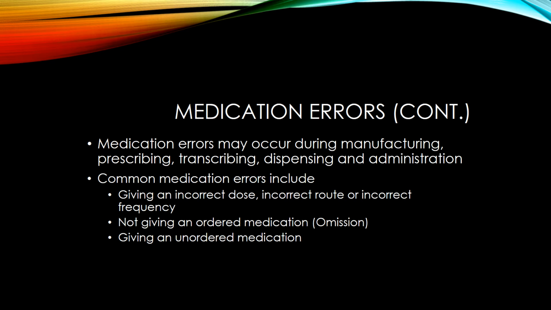Transcribing means writing, actually. Dispensing is going to be your pharmacist, and administration is going to be your nurse. So it's a complicated process when you're thinking about the whole process of medications and how they get to patients, especially in the hospital setting.